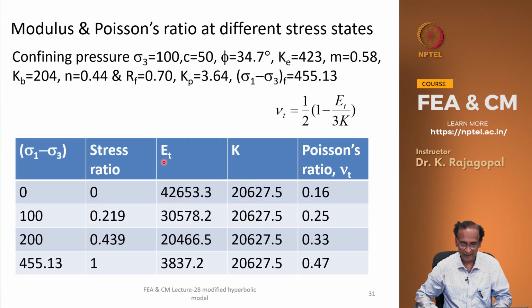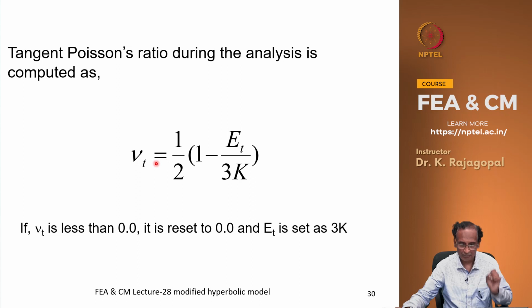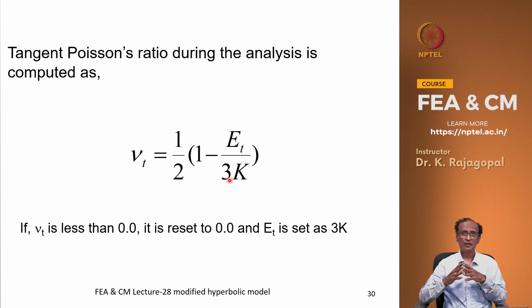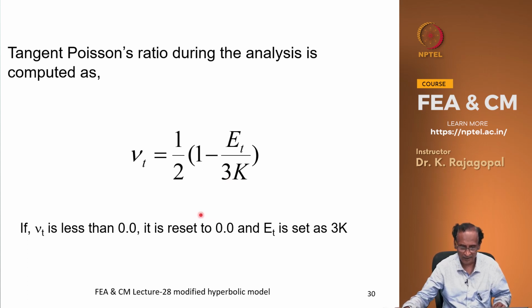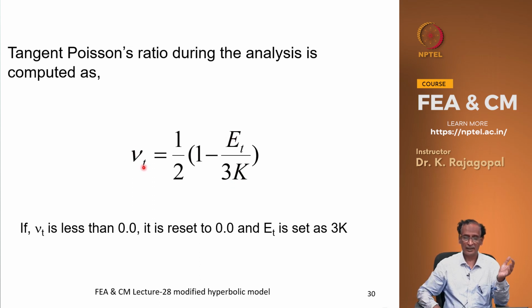So, our tangent Poisson's ratio is now written as 1/2 of 1 minus Et by 3K. In fact, we are not going to use any tangent Poisson's ratio in the finite element calculations, because we are going to use only the bulk modulus K and the tangent Young's modulus Et that we get from that long equation. Sometimes, depending on the initial values, if your K is very small, your Poisson's ratio might become negative.